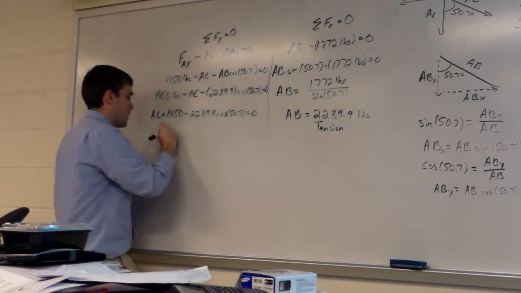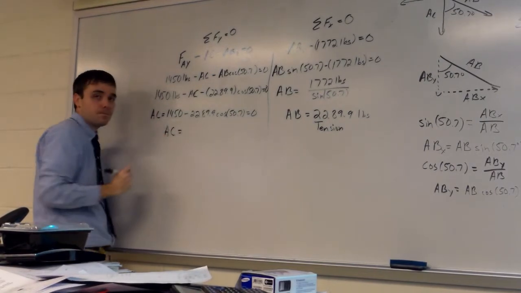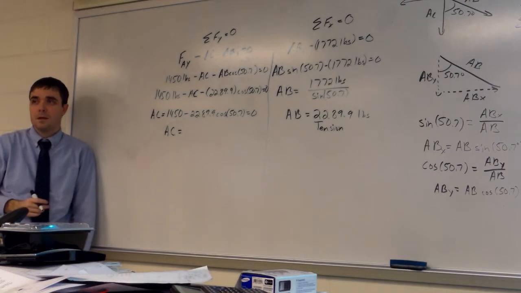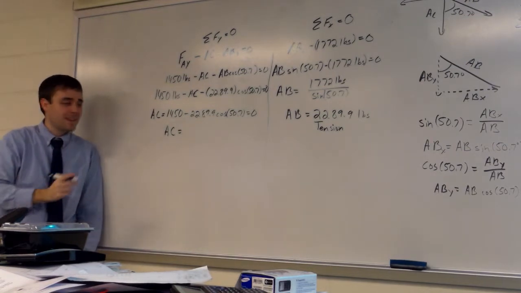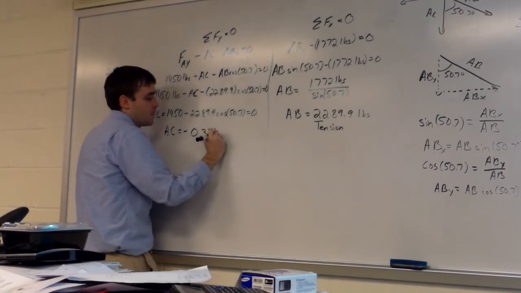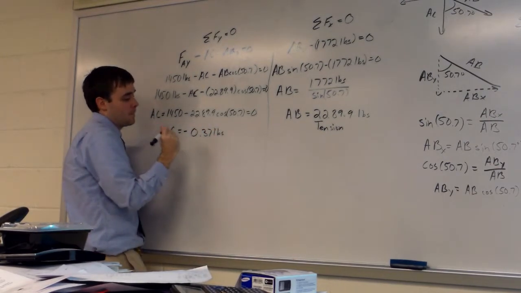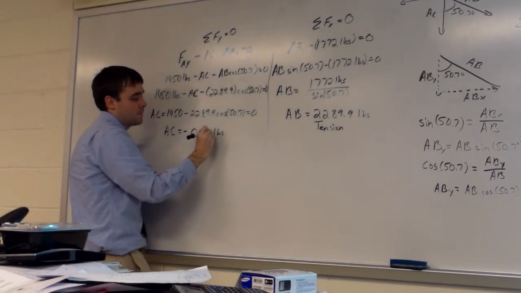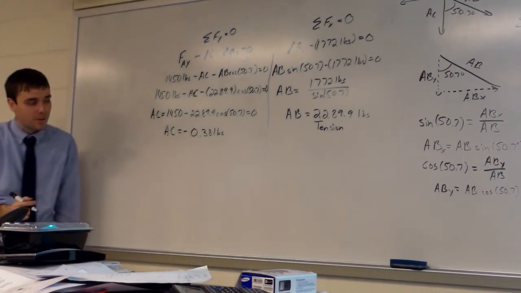And what's AC equal? 0.38, or 0.37, depending on if you round the 2289 or not.